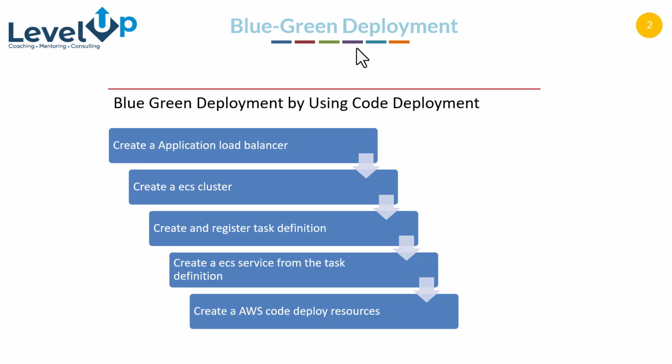a blue-green deployment. The steps involved to create this deployment: first we need to create an application load balancer on AWS, and then we need to create an ECS cluster, and then we have to register a task definition, and create a service using the task definition, and then we have to create a deployment strategy by using something called AWS CodeDeploy to deploy the code into the environment.